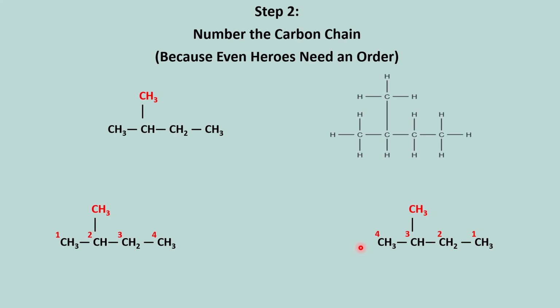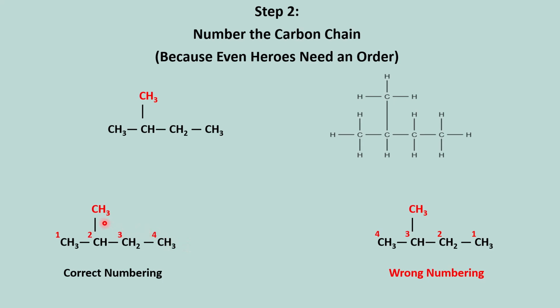Which of these two numberings is the correct one? This is the correct one and this is wrong. Why is that the case? If you remember, we said you start numbering the carbon atoms from the end closest to the first substituent you come across.